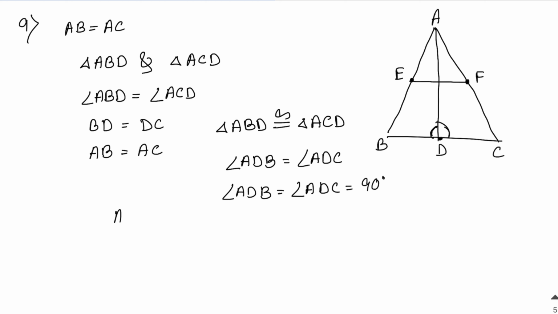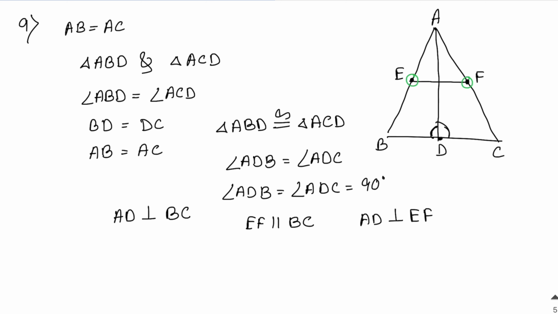So that means AD is perpendicular to BC. And as here E and F are the midpoints, you know that EF is parallel to BC. So if EF is parallel to BC, that means AD is also perpendicular to EF and it's proved.